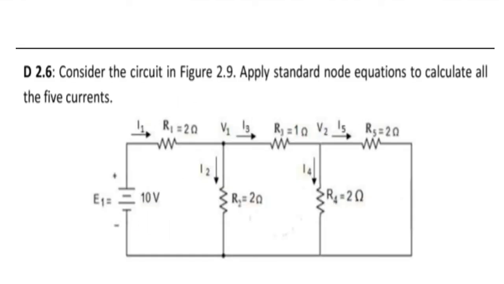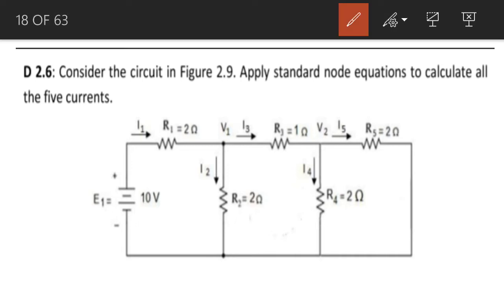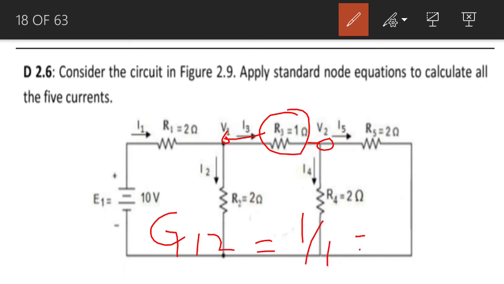So let us go back to the circuit diagram and consider the resistor that has been connected to the first as well as the second node. So we know that G12 will be equal to G21 and it will be equal to 1 by 1, and that is minus 1. We place a minus sign with this conductance. So we have calculated G12 as well as G21.